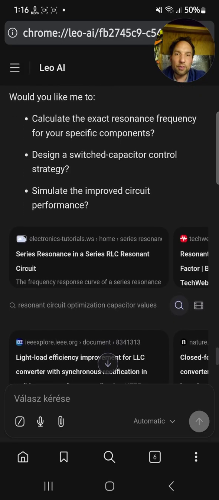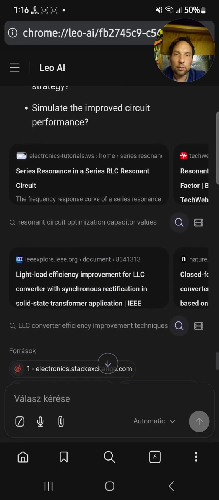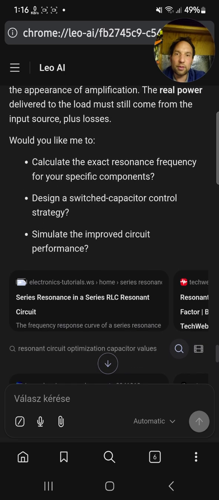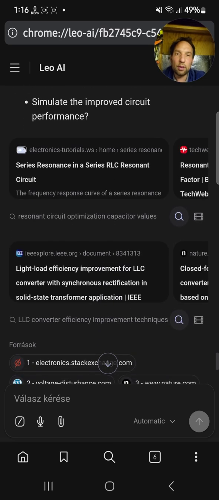Calculate exact resonance frequency for... Simulate the improved circuit performance. What? He can simulate it? What the fuck?